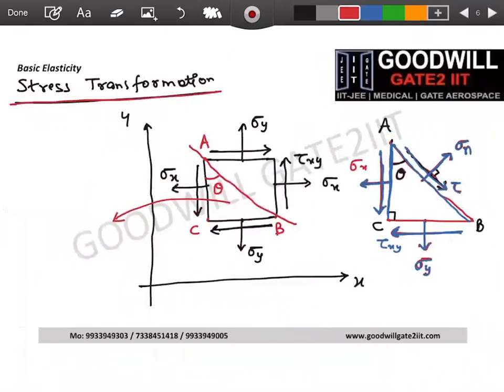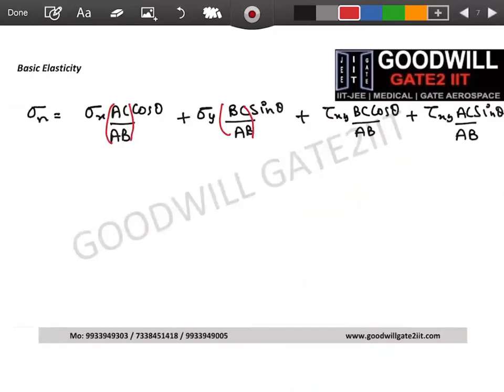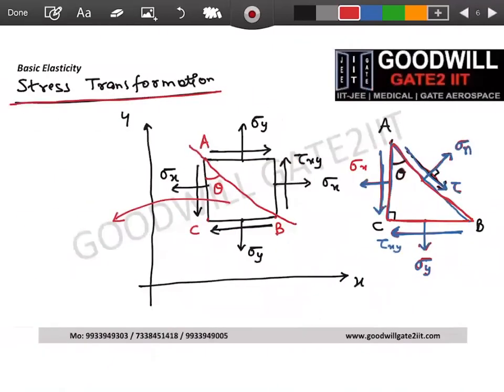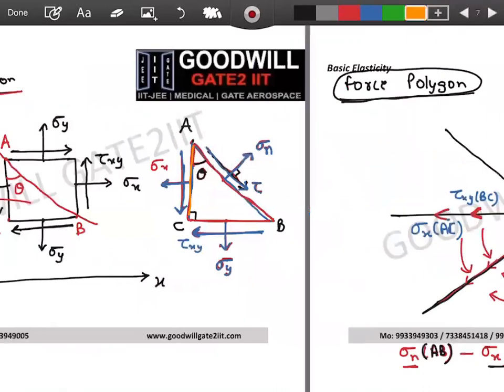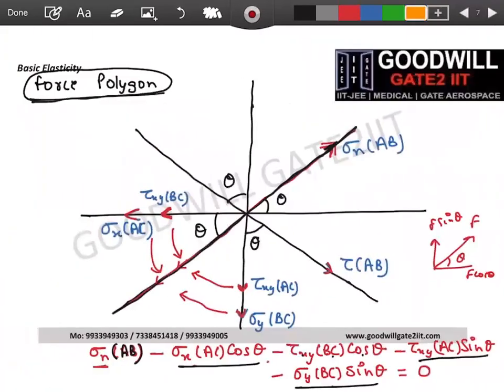If you recall your triangle, can anyone tell me what this is? AC by AB, right? What is AC? AC of this triangle is the base.